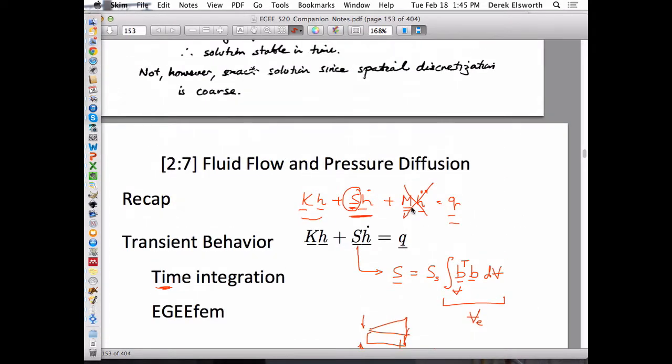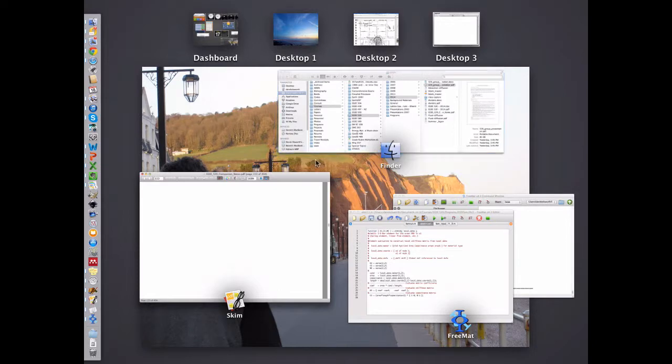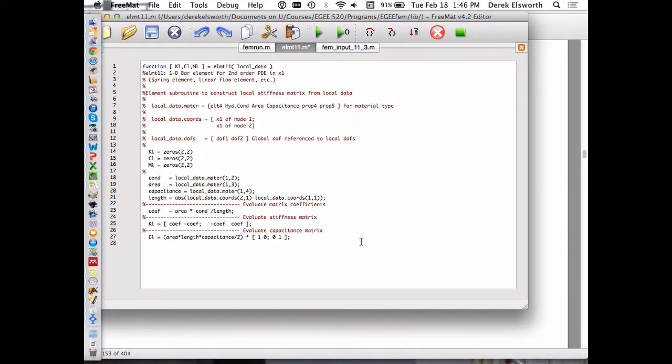So this one doesn't exist, but this one, I guess, is KL, L for local. This is capacitance, local, and this is mass, local. So it's done for each of these portions, and it's done locally. And the magnitude of it is just here. So it turns out that it's really just this one line.